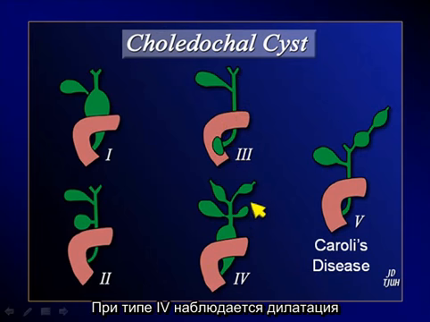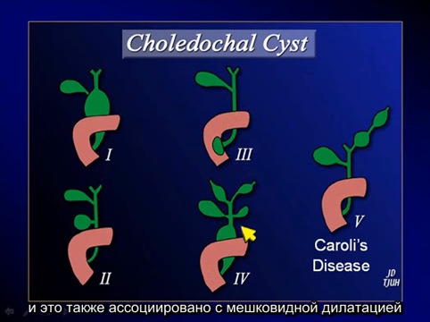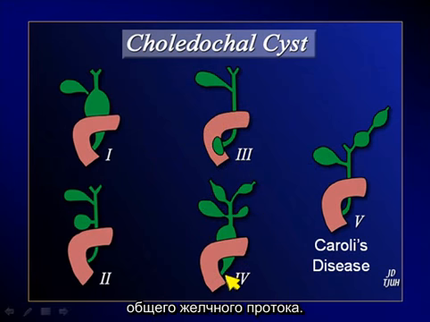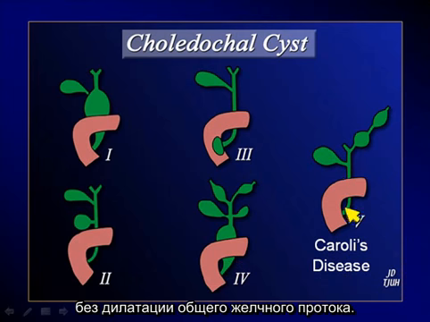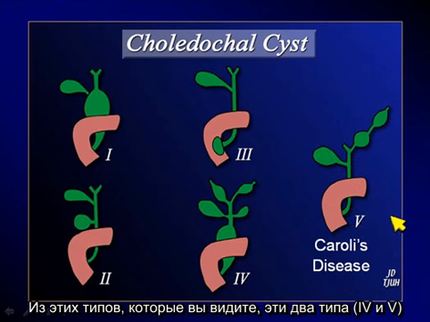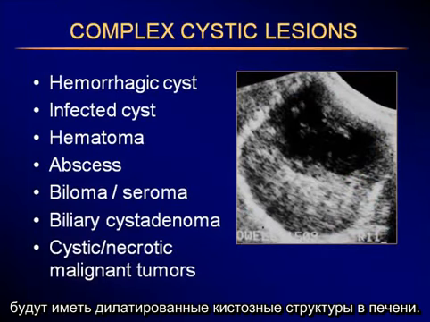Type 4 has dilated biliary ducts throughout the liver looking like small cysts, and it also has an associated fusiform dilatation of the common bile duct. And type 5, or Caroli's disease, has the dilated intrahepatic ducts but no dilatation of the common bile duct. So these two types would have dilated cystic type structures in the liver.